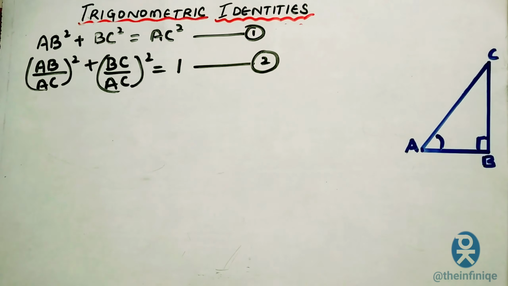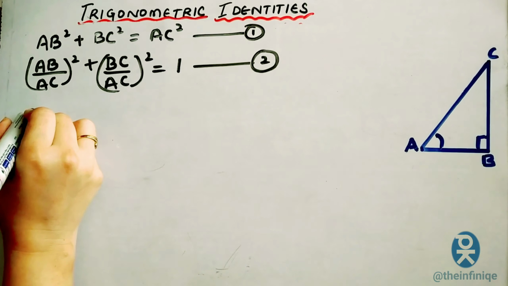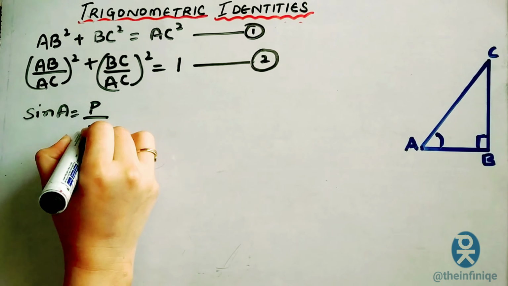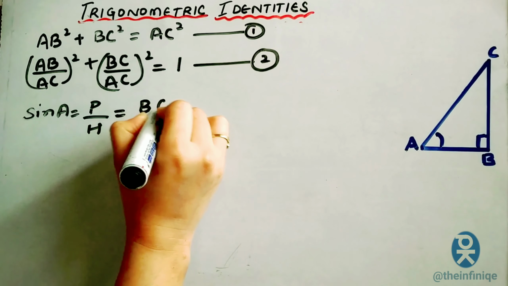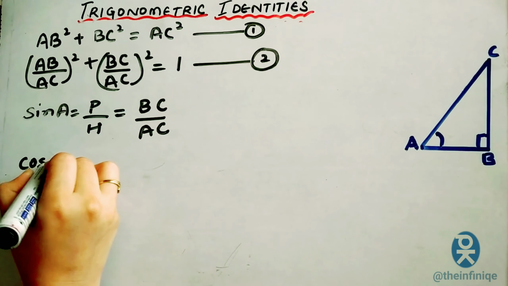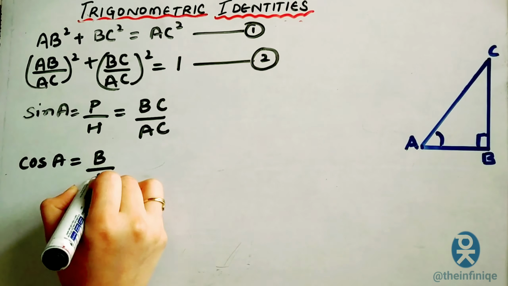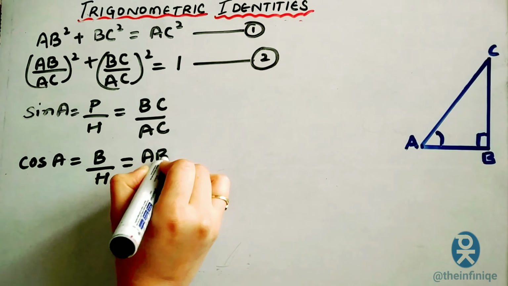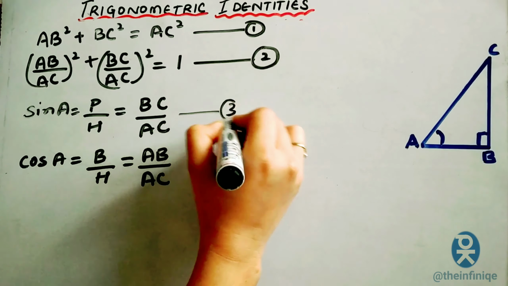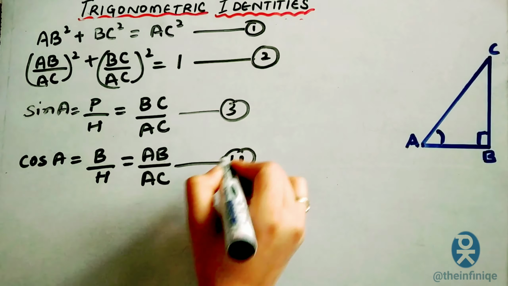Now we will find the trigonometric ratios of sin A and cos A. That is, sin A is equal to perpendicular upon hypotenuse; perpendicular is BC and hypotenuse is AC. And cos A is equal to base upon hypotenuse; base is AB and hypotenuse is AC. Let it be third, let it be fourth.